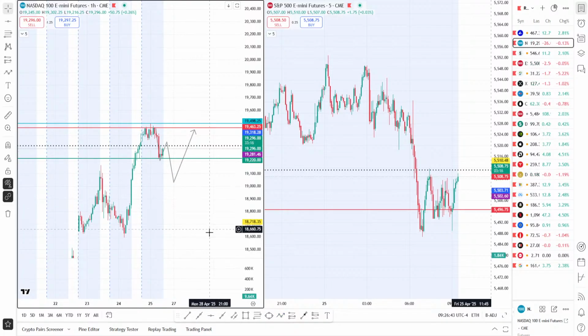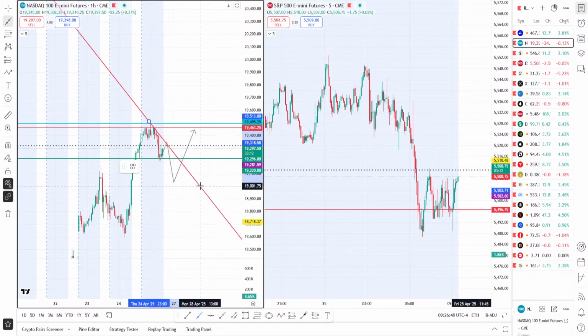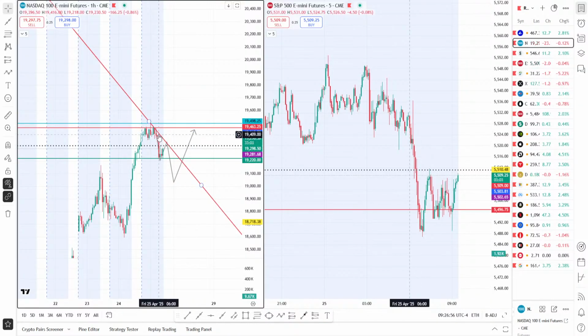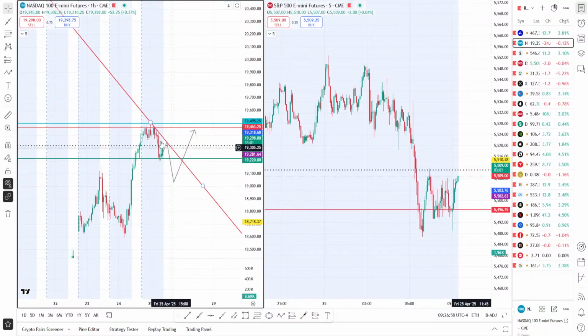Right. So which means we have a trend line that's coming down here that we want to be aware of. We don't want to buy into this red line here representing the area of control from the sellers. And let me get this out of the way here.